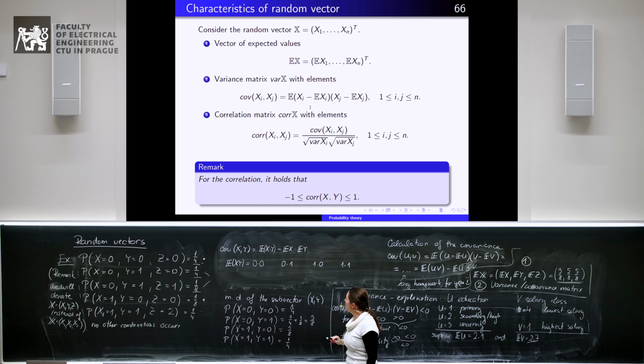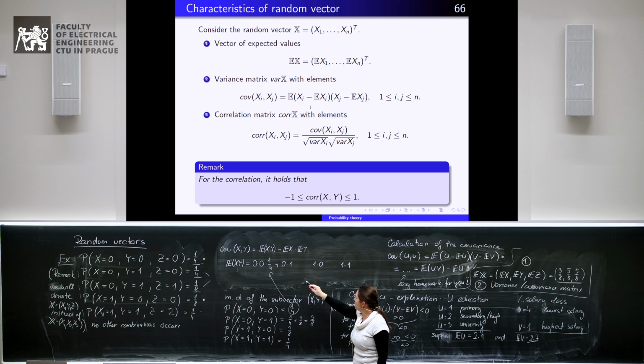And we want to calculate their product. The product 0 times 0 occurs with the probability of the combination 0, 0, so with probability 1/4.